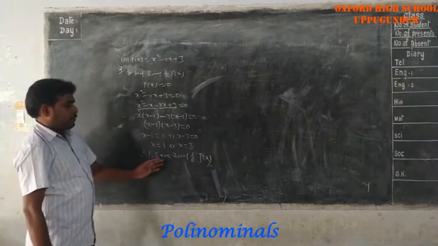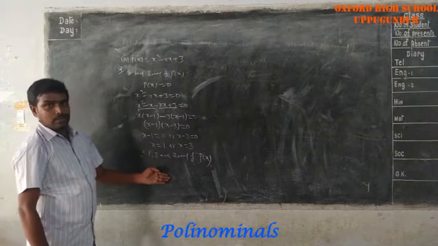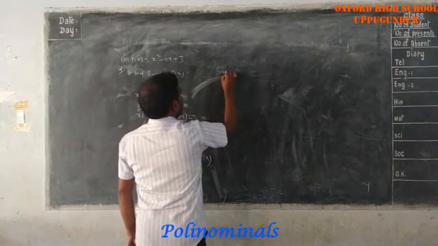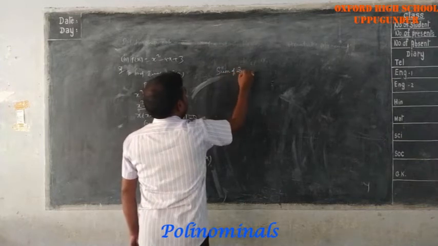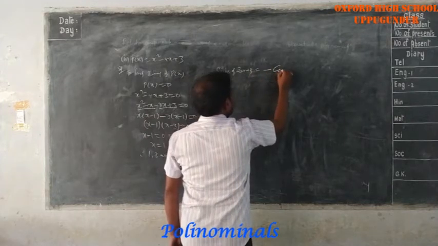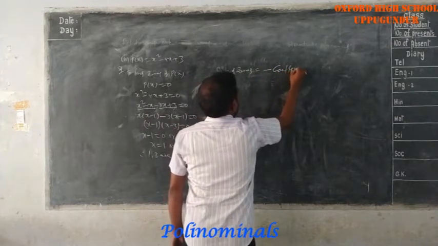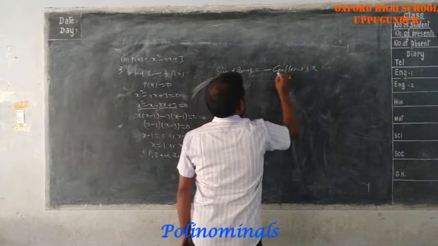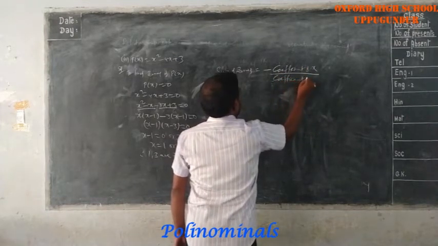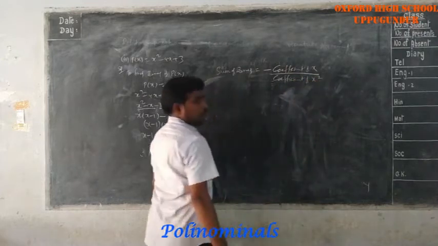Now you have to check the sum of the zeros and product of zeros with ratios of the coefficients. Sum of zeros equal to, what is the formula you have? Minus coefficient of x by coefficient of x square.